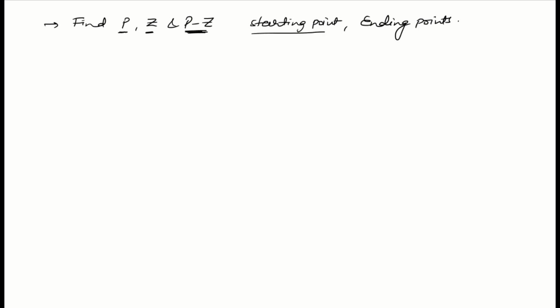The starting points are the poles, and the ending points are either the zeros or infinity. In the next step we will draw the pole zero plot.